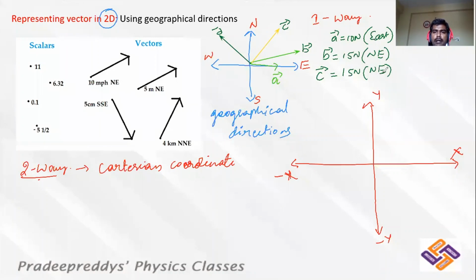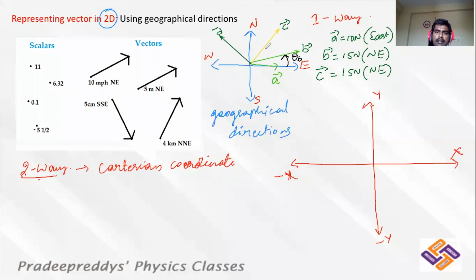Therefore, simply representing with northeast is not sufficient to distinguish these two vectors. Then how can you distinguish them? B bar and C bar can be distinguished by considering the angle made by those two vectors with the x-axis. Check it out. This is theta B.